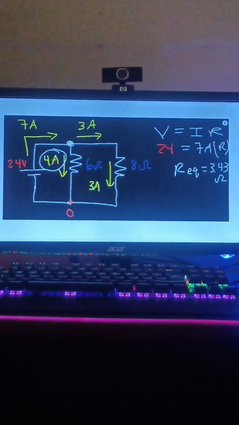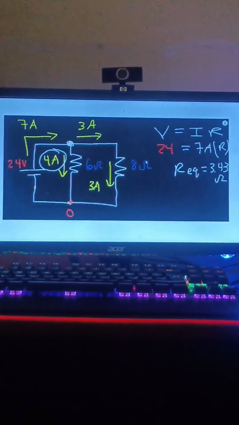So, unlike in series, where adding resistances makes the total bigger, in the parallel circuit the total resistance must not be greater than 6 ohms and 8 ohms.